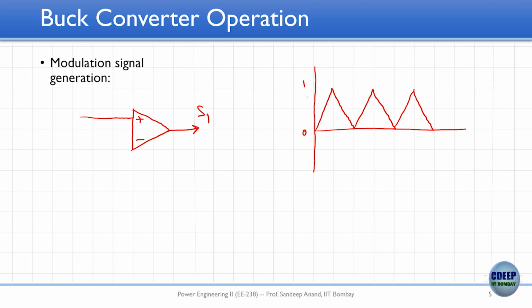Let us say you have a triangle waveform repeating at a period of Ts, right? And you have a signal called Ref, which is somewhere in between. So your reference is somewhere in between 1 and 0, right?